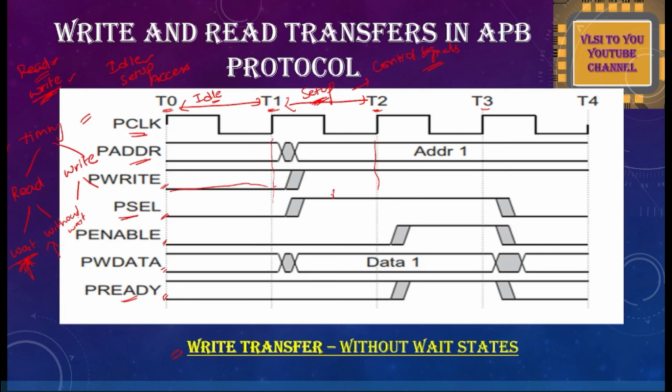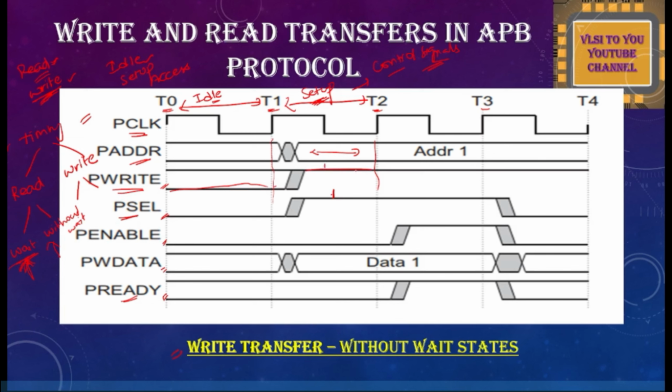Along with P select, as I told you, there are certain control signals which will be active. Since the slave is selected, the address region for that particular slave will be registered. Then there is another control signal, which is P write. Based on the P write signal, whether you want to write or read will be decided. Here, the P write is 1.